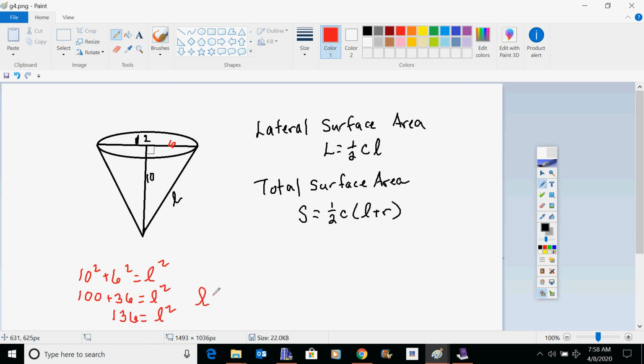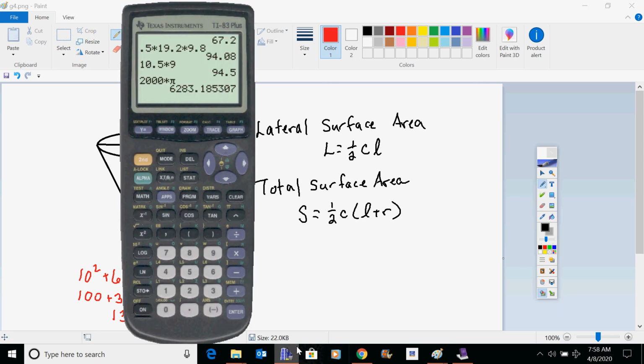So L is going to equal, sorry about that, there we go, 11.7.